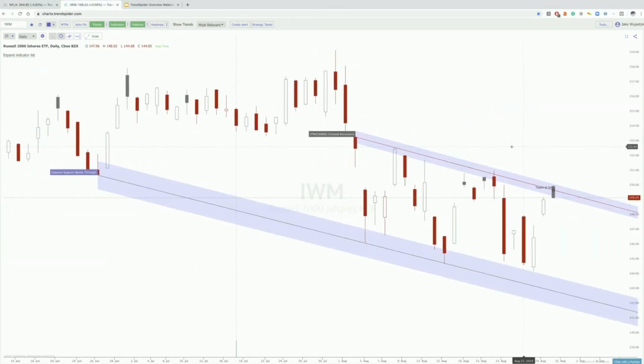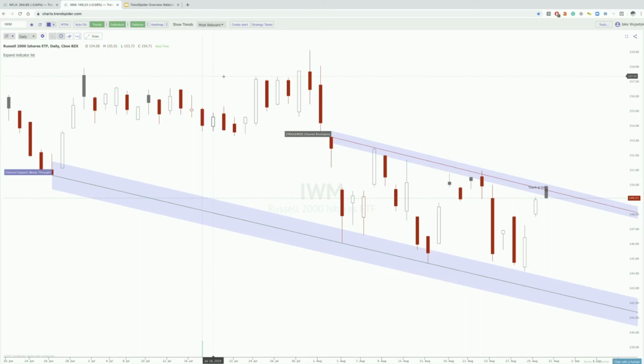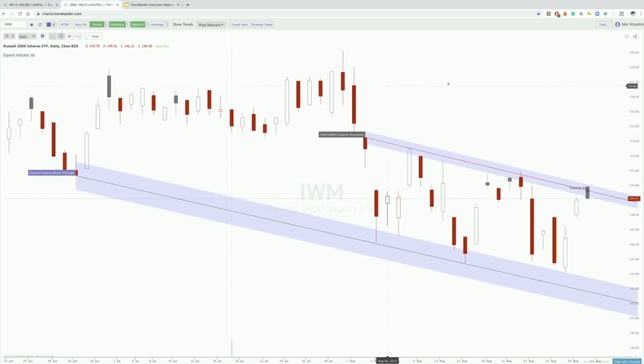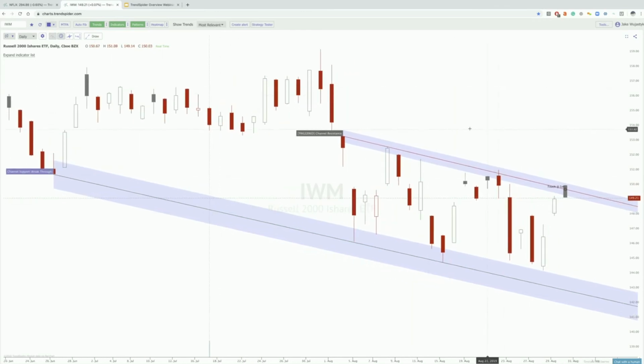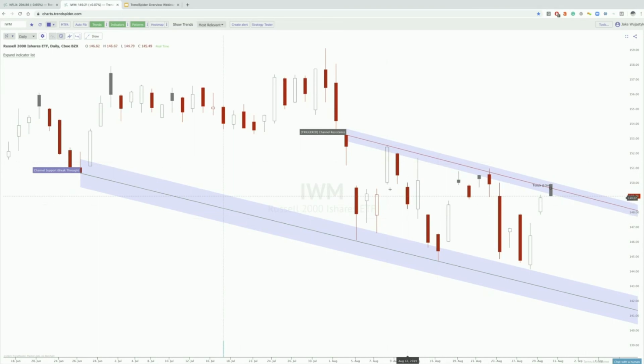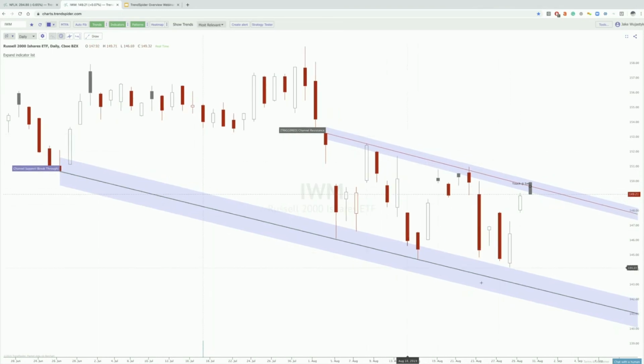So we have the IWM here, the Russell 2000. And what I've done is created a channel here, just a downward sloping channel, and I put an alert on each side. What's cool about this is today I actually got an alert because I increased my sensitivity around this line.